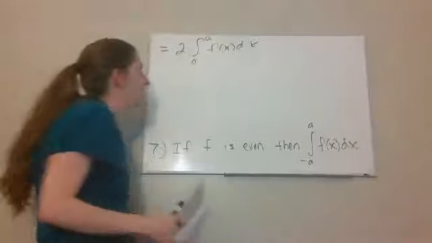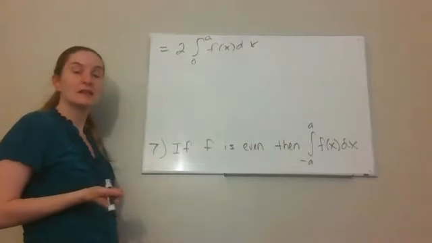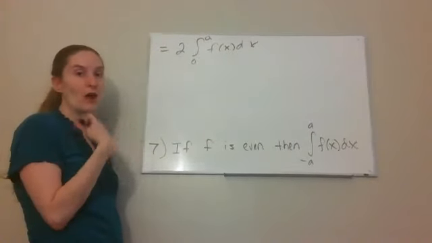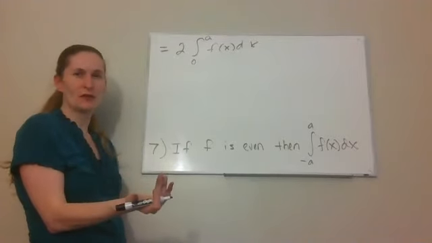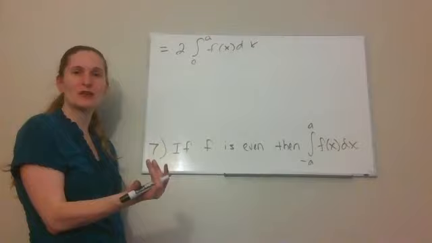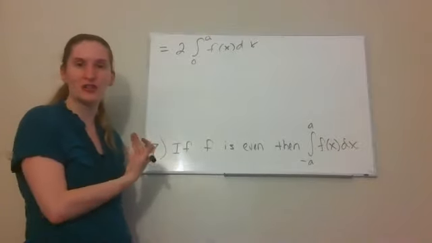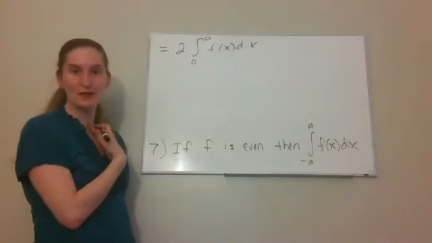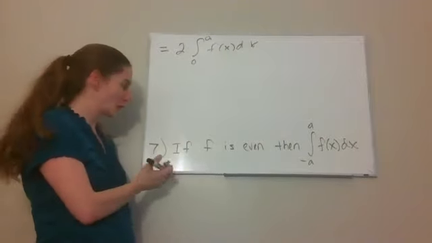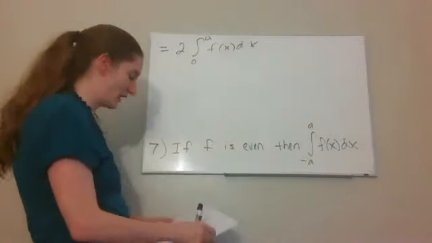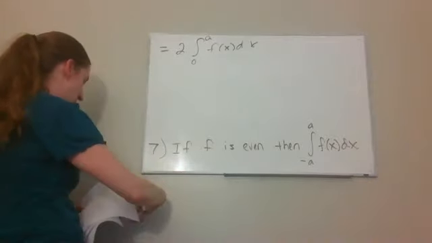So this is saying if you're symmetric about the y-axis, you can find the area of half of the picture and multiply the result by 2, as long as it's symmetric about the y-axis. And in order to be symmetric about the y-axis, you have to have an even function.